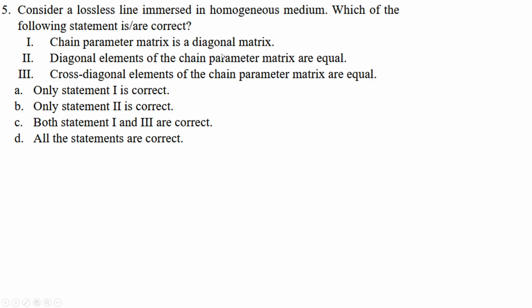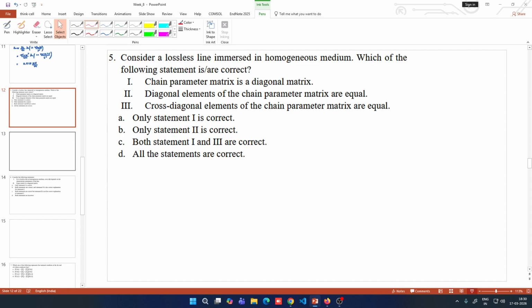Statement 3: cross diagonal elements of the chain parameter matrix are equal. This is talking about the chain parameter matrix for a lossless line that has been discussed in lecture number 14. So we can directly refer to what was discussed in lecture 14, and I will write down the, just a second.